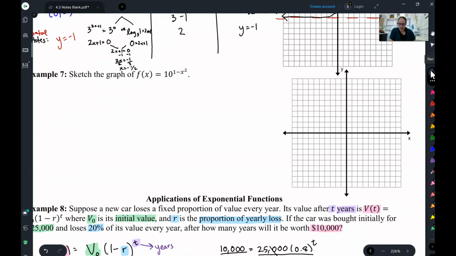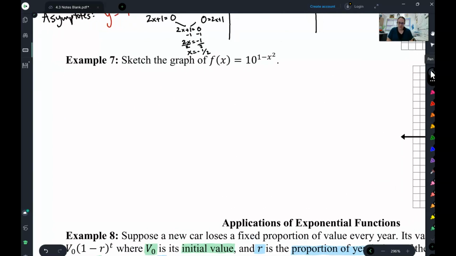Let's try our last problem, example 7. So once again, we have domain, x-intercepts, y-intercepts, and asymptotes. We look at the equation and see that this is once again an exponential.